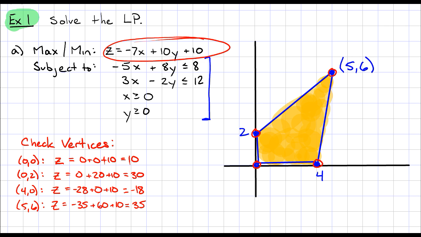Now I just need to find the smallest number and the biggest number out of these. The biggest number is 35, and the smallest number is minus 18.